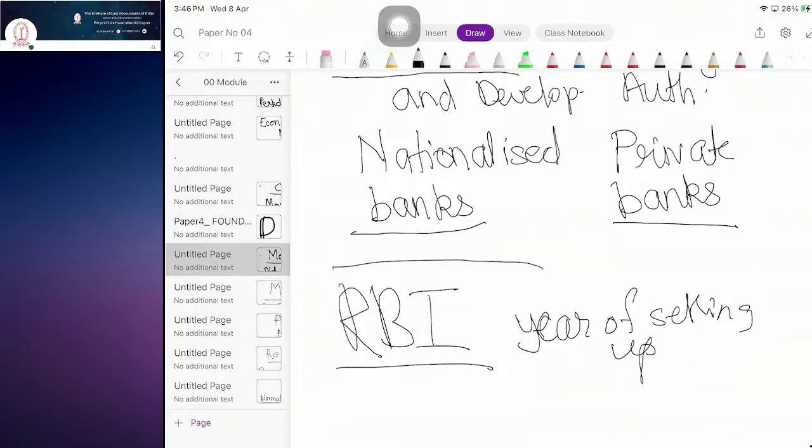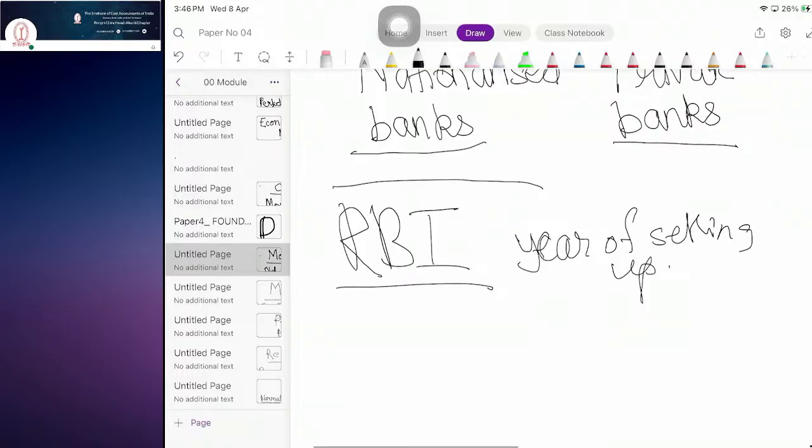Year of setting up. 1942, correct? 42 or 45? 45, okay. So that's an important milestone in the Indian regulatory system. And which bank was converted into RBI? Which bank, what was the former name?